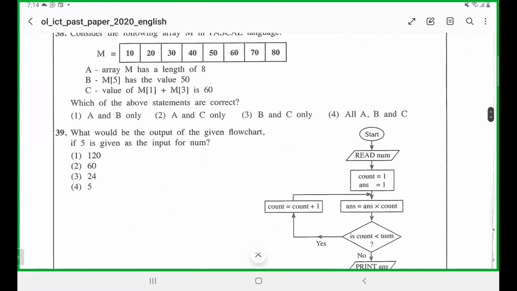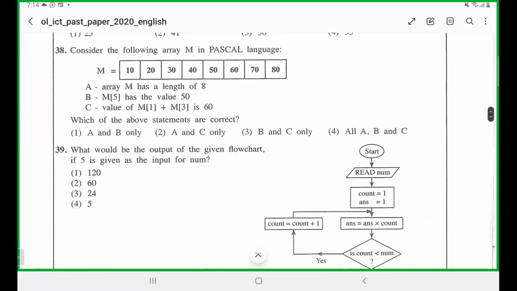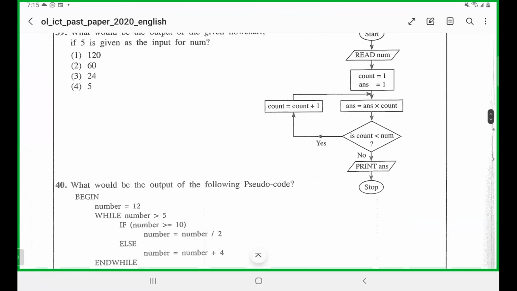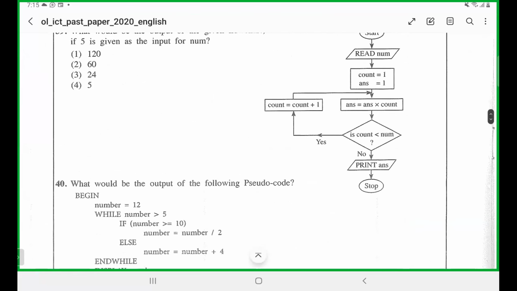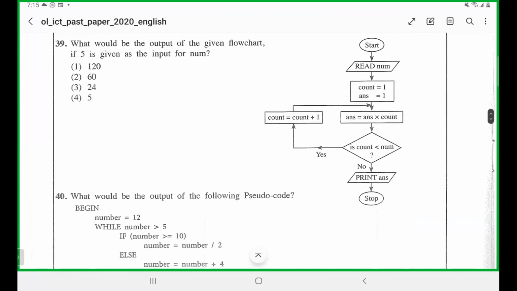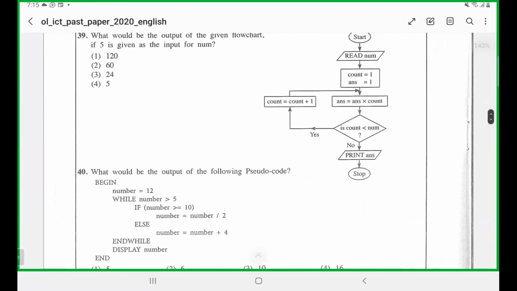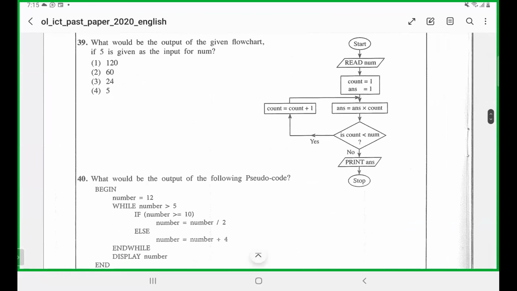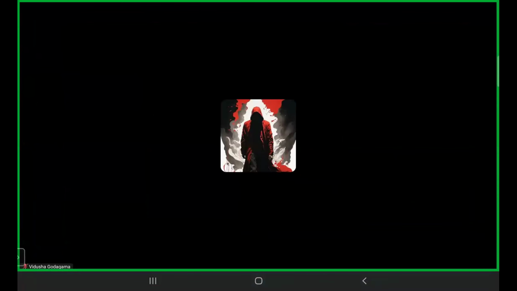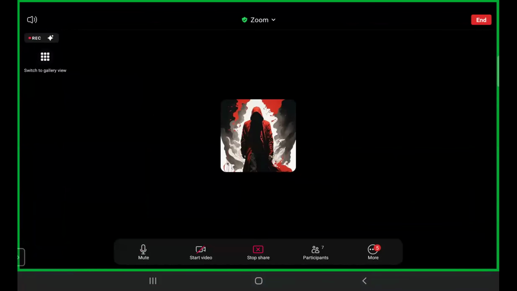Yes, there is a question. 39 and 40. I think you have this paper 2020. So let's discuss these two questions and finish the session. Okay, 39 and 40, go through these two questions and send me your answer.